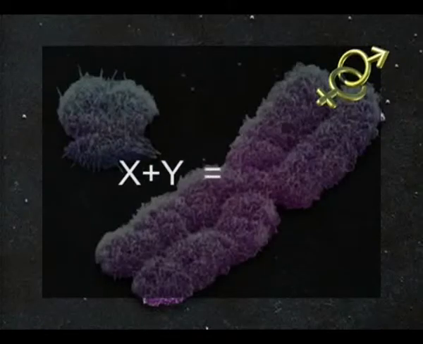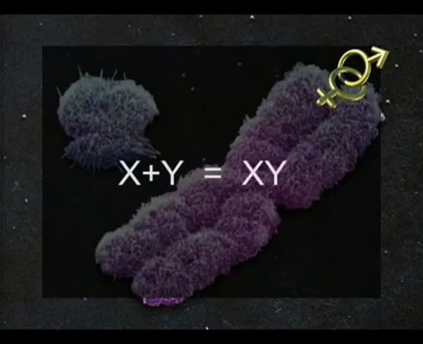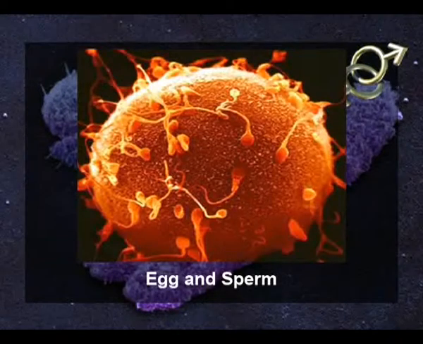All eggs therefore contain an X chromosome, but half of sperm will contain an X chromosome and the other half a Y chromosome. If an egg is fertilized by a sperm carrying an X chromosome, an XX or female embryo will result, while fertilization of the egg by a Y-bearing sperm will produce an XY or male embryo.